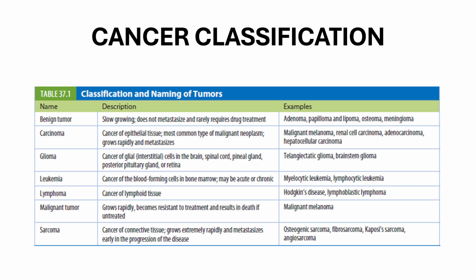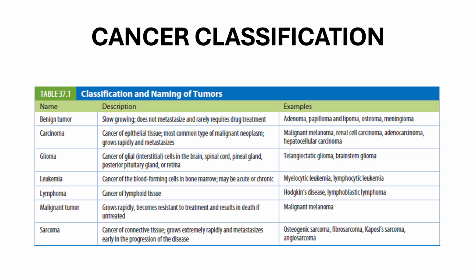It may be acute or chronic. We have myelocytic leukemia and lymphocytic leukemia. Then you also have lymphoma, cancer of the lymphoid tissues. Examples are Hodgkin's disease and lymphoblastic lymphoma.